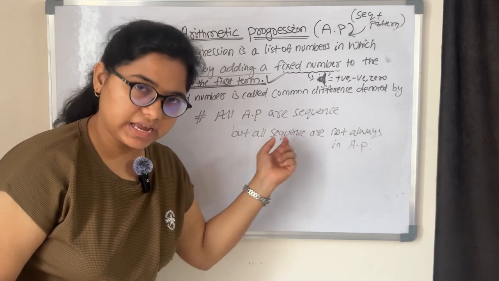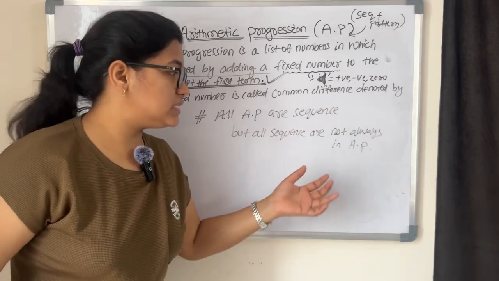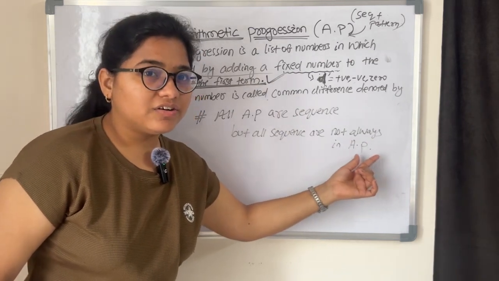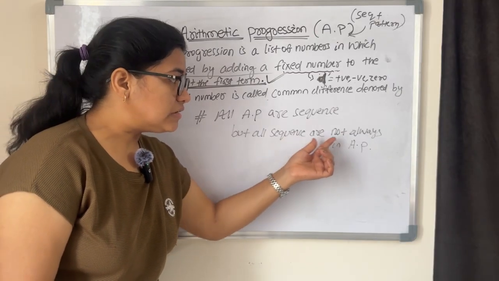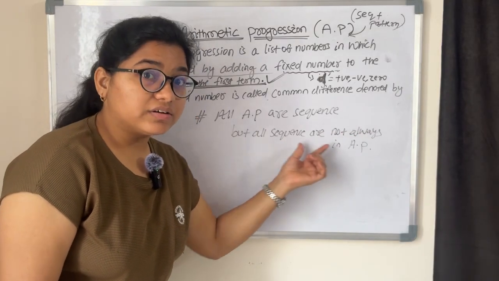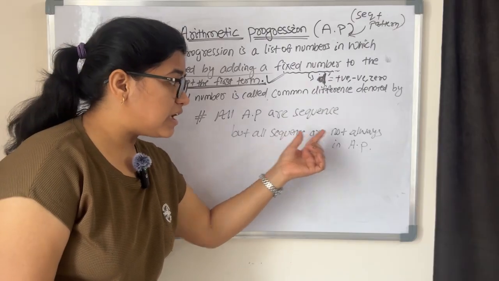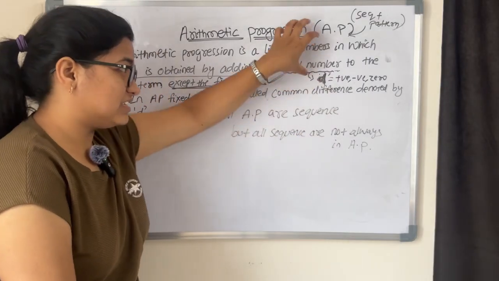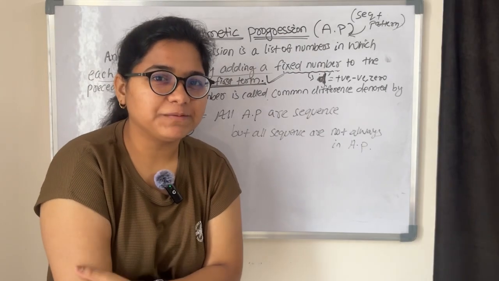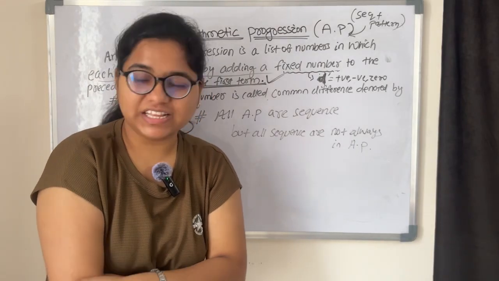It can be AP, but not always is it AP. That's why we need to check, right? All sequences are not always in AP. To know whether the sequence is in AP or not, we need to check by applying this rule, this system, whatever I explained. Are you there? Chalo.